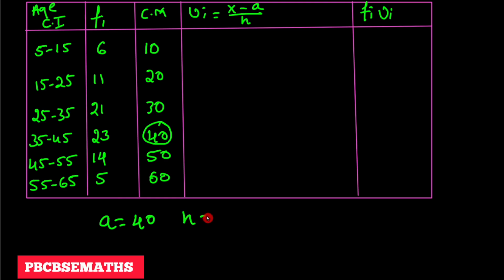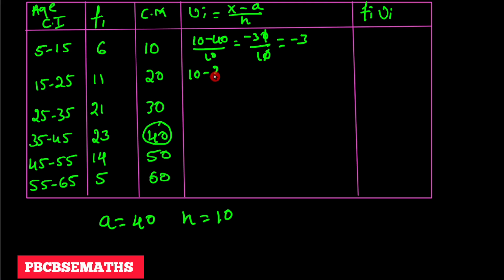Then h, that is the class size value, you can observe here the width is 10 in every case, so the h value will remain the same, which is 10. Now let's calculate u i. So x minus a, that is 10 minus a value 40, divided by h value 10. In that case, we have minus 30 by 10, which is equal to minus 3.